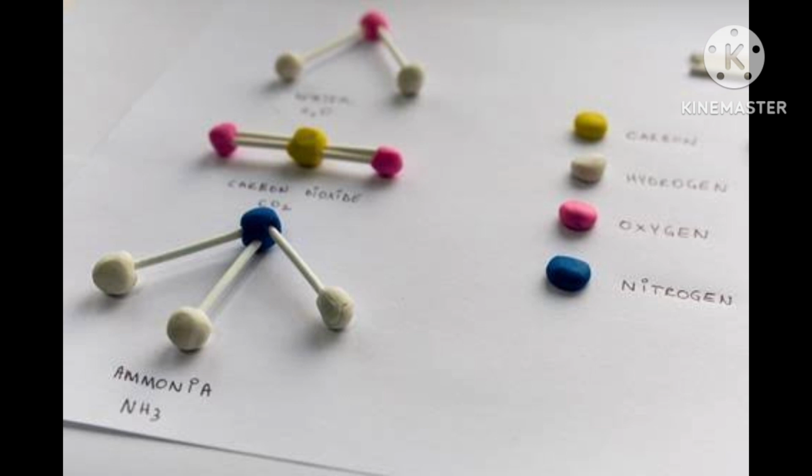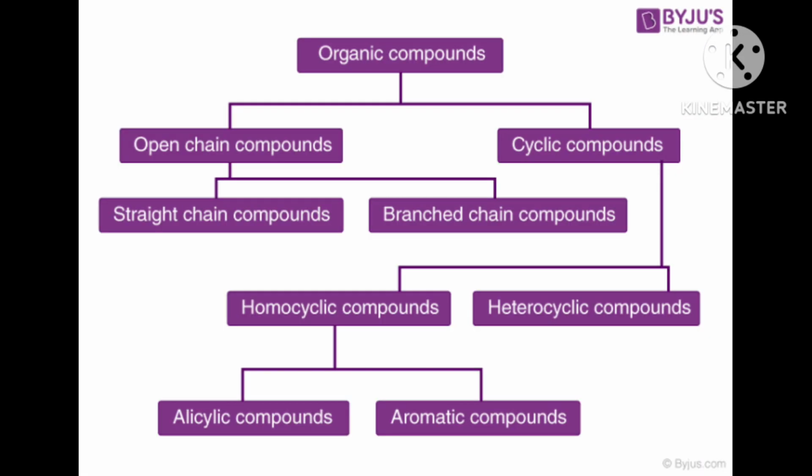Now homocyclic is again divided into two groups. One is alicyclic compound, ALI, alicyclic. What I first told you was acyclic, ACYCLIC, acyclic or open chain.